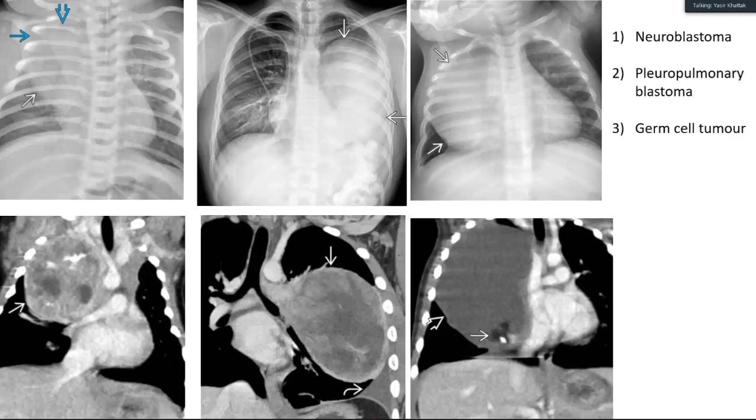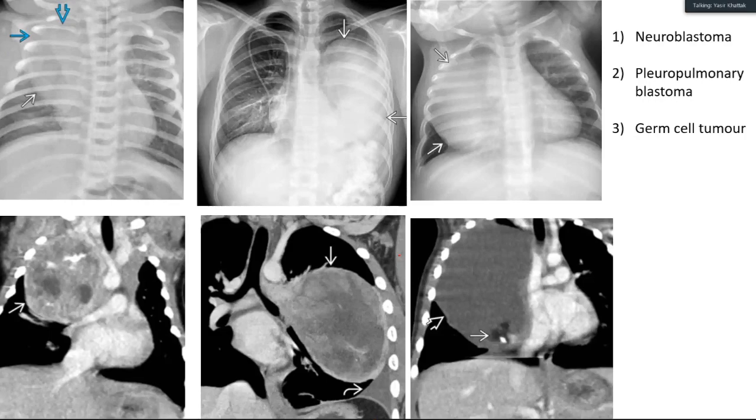There's a long list. You can have a rhabdomyosarcoma, chest wall hematomas, inflammatory pseudotumors. First and foremost, the important thing is to pick up the mass and leave the rest to CT scan and histopathology. That's it.